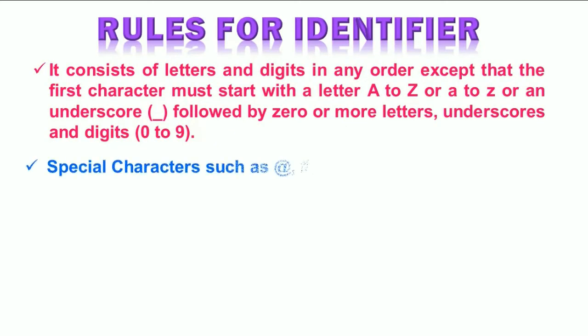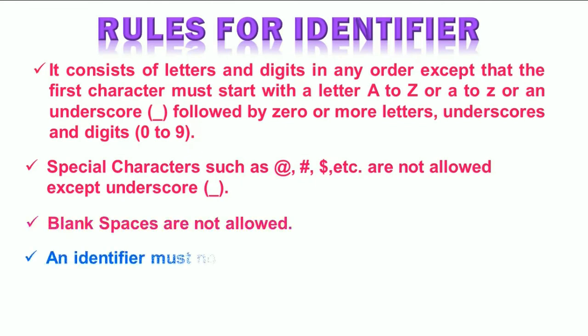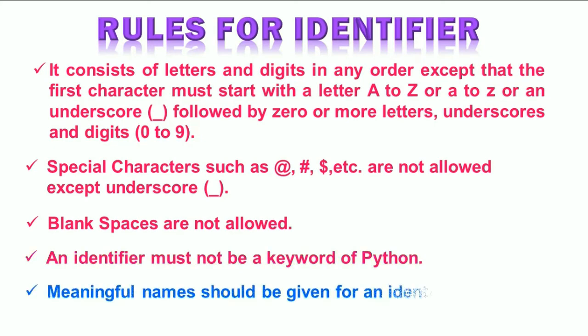Special characters such as @, hashtag, dollar, etc. are not allowed except underscore. Blank spaces are not allowed. An identifier must not be a keyword of Python. Meaningful names should be given for an identifier which easily depict the logic.